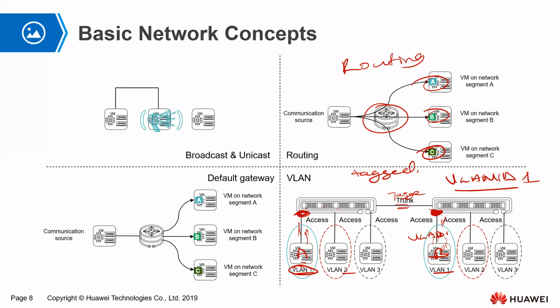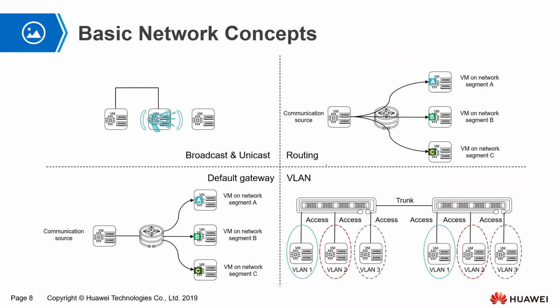After receiving the packet, it will send the frame. But before sending the frame, it's going to remove the ID, because remember, under our access link, we only transfer untagged frames. So it will strip off the tag from the frame, and then send the frame to the host.